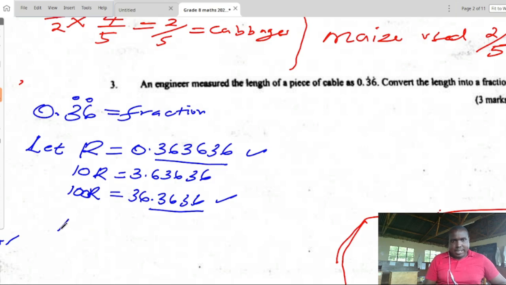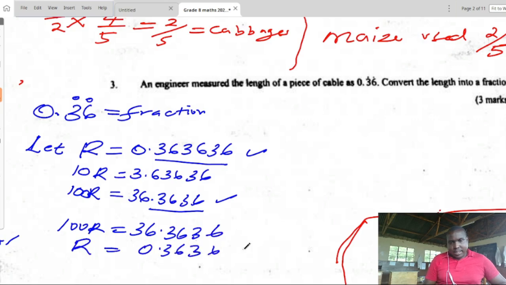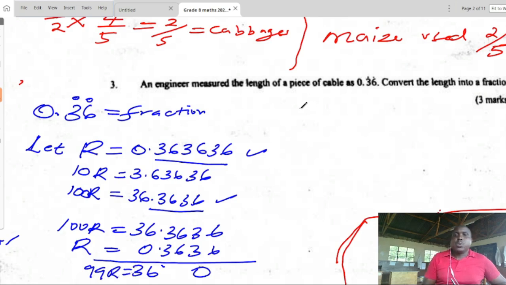So you can write here 100R is equal to 36.3636 and R is equal to 0.3636. So when you subtract, here it's going to be 0 and here 36. 100R minus R, we will have 99R. So we will have that 99R is equal to 36.